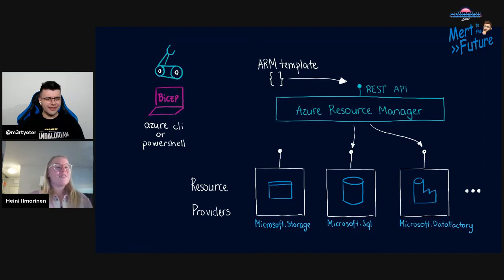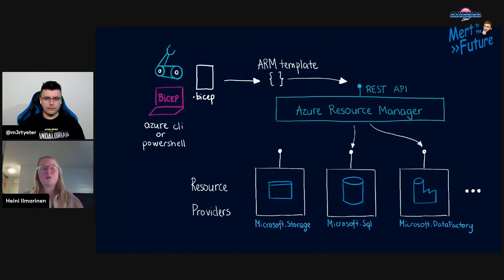Thank you. So once you have Azure CLI or PowerShell, and you have Bicep installed, and you have some kind of text editor, then you can just get to creating your Bicep files. And they are actually files with the Bicep extension. So nothing fancy, very simple. Then what actually happens behind the scenes is that when you run the deployment, this Bicep gets transformed into an ARM template that then gets passed to the REST API.